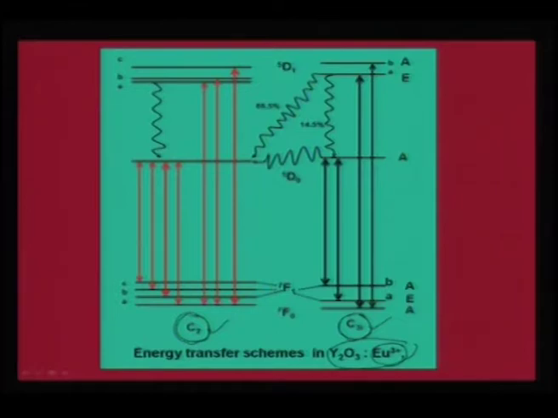In fact it is possible even to reconvert the C3 occupied sites to C2, and the conversion that is possible is up to 85% to C2 symmetry, and those C2 occupied europium sites actually are responsible for the red emission.